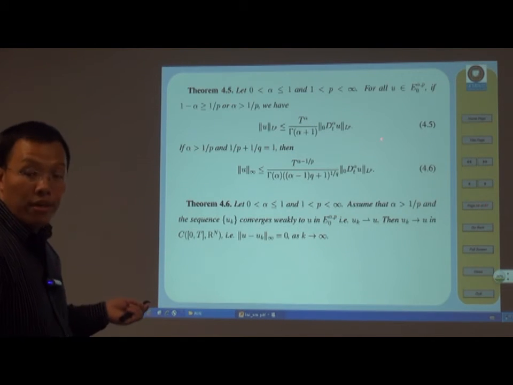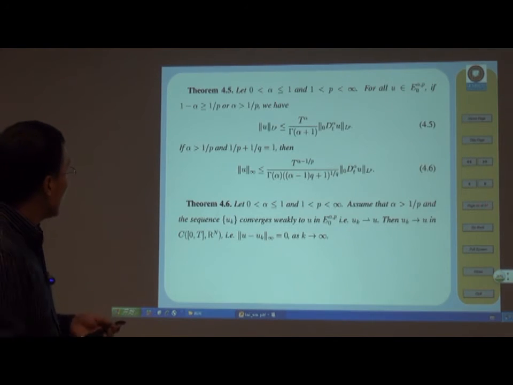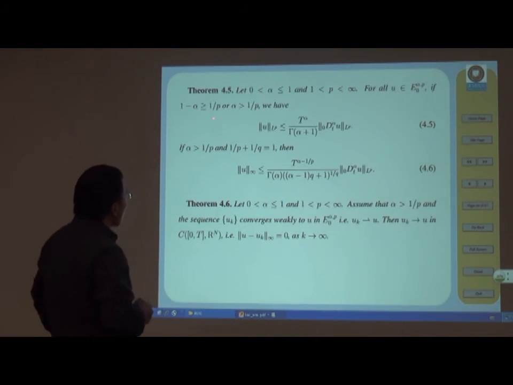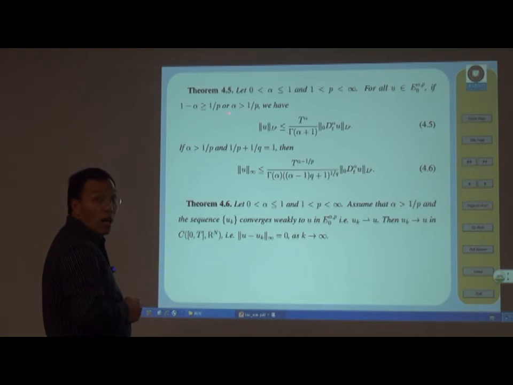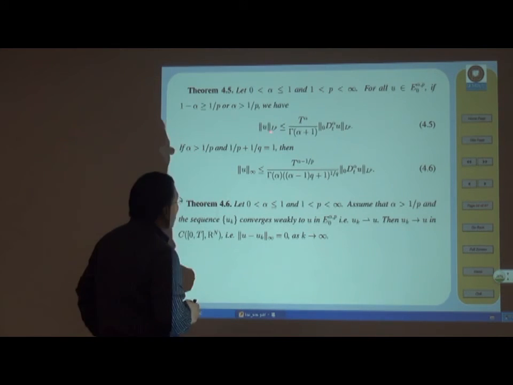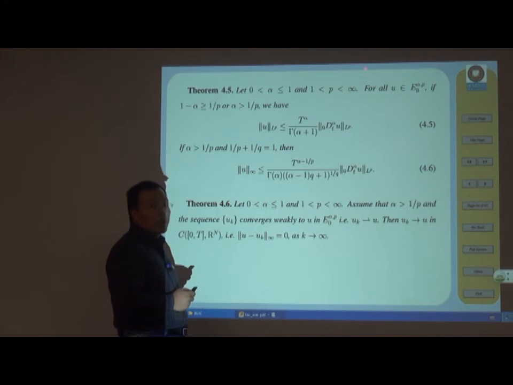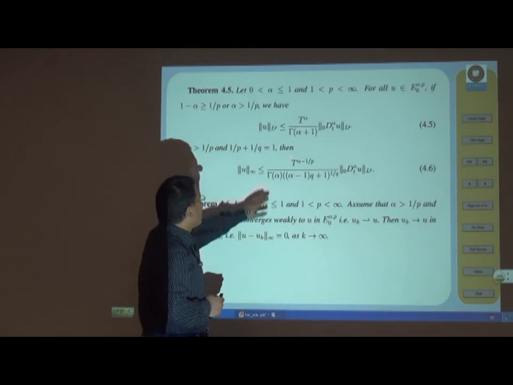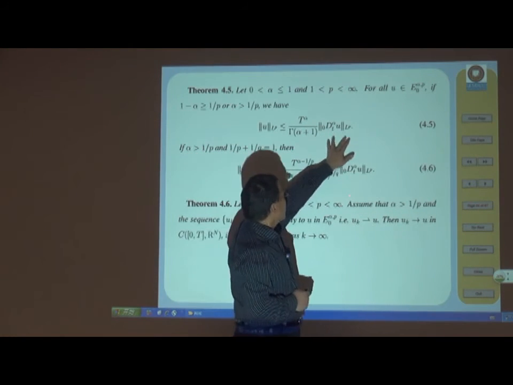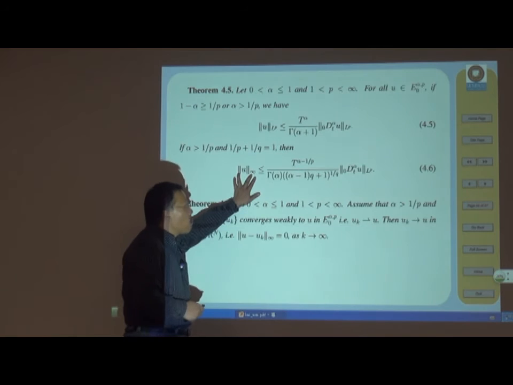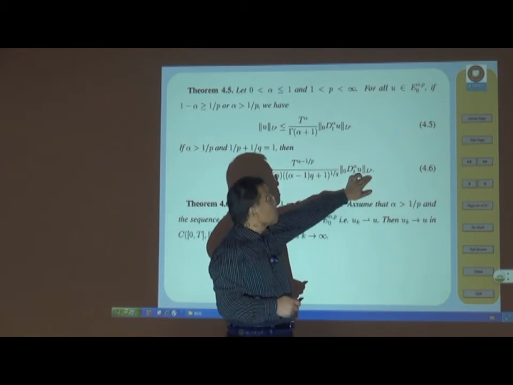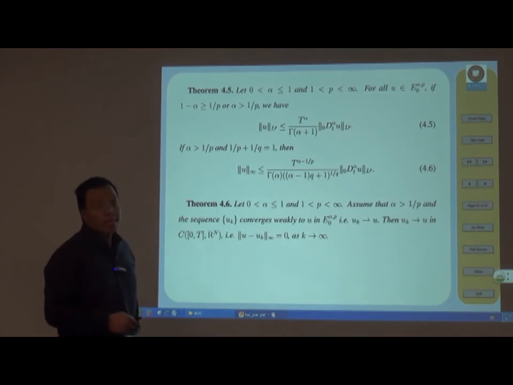Under 4.5, this theorem says that if alpha and P satisfy one of these relations, then we have some estimations about the different norms: this norm and this norm, the infinity norm and the alpha-P norm, the relation, the estimation.